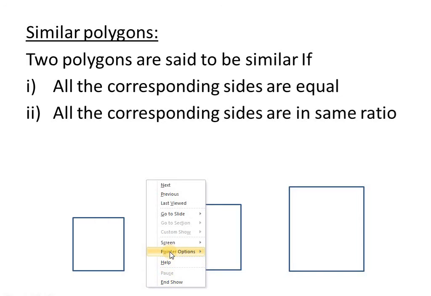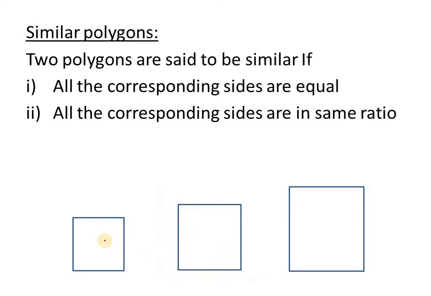Here this side corresponds to this side, this side corresponds to this side, the third side corresponds to the third side, and the fourth side corresponds to the fourth side of the next figure.